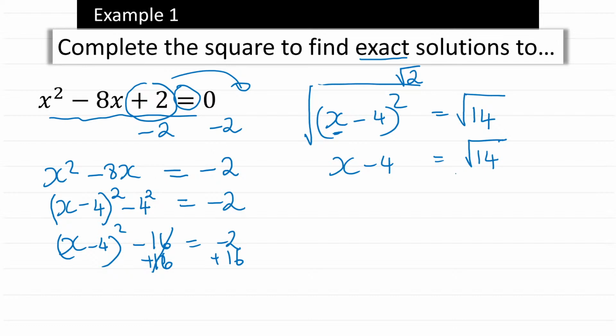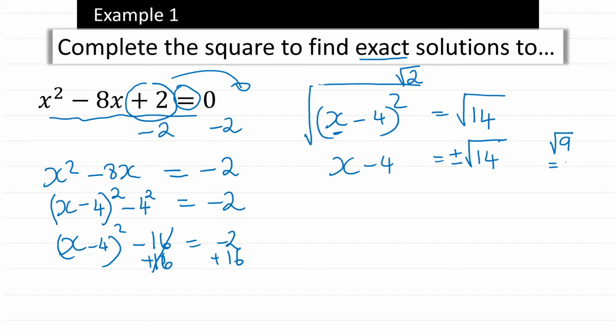Now at this point, remember, it's a quadratic equation. It must have two answers. If we just leave it like this, we're going to have one answer. But when you square root something, you're going to have plus or minus. The reason for this, for example, if I ask what's the square root of 9?